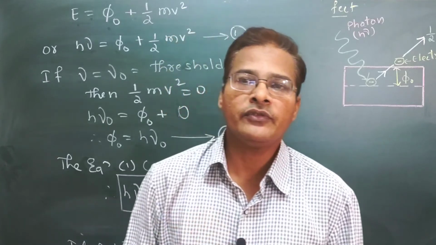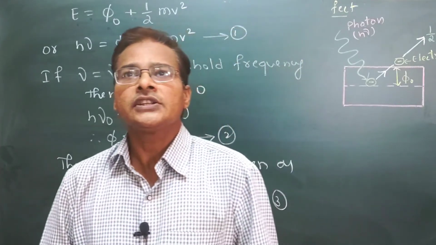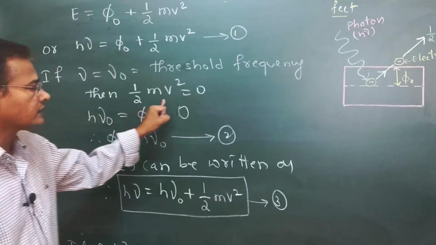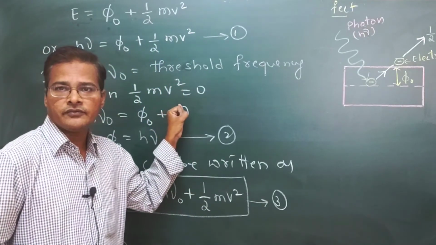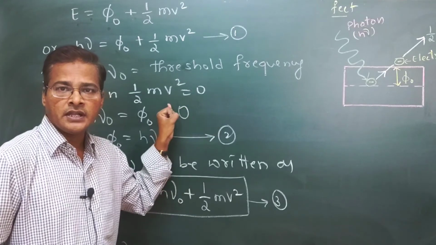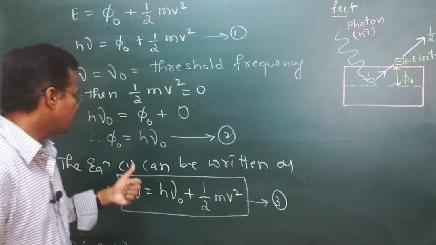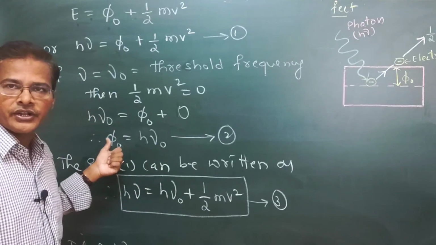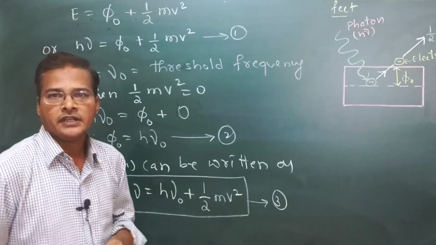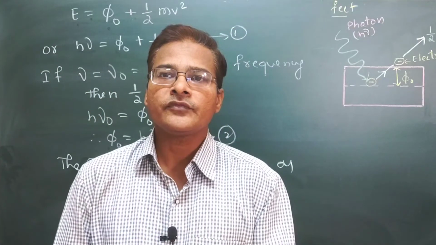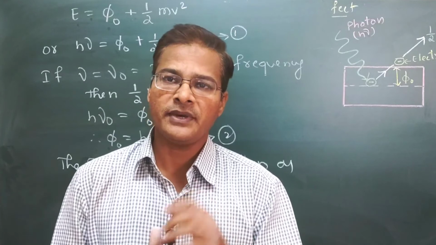The second one: the velocity of the electron V equals 0, as we know. V equal to 0 means the kinetic energy is equal to 0. Then the work function phi naught equals h nu naught. It means that some minimum energy is required.